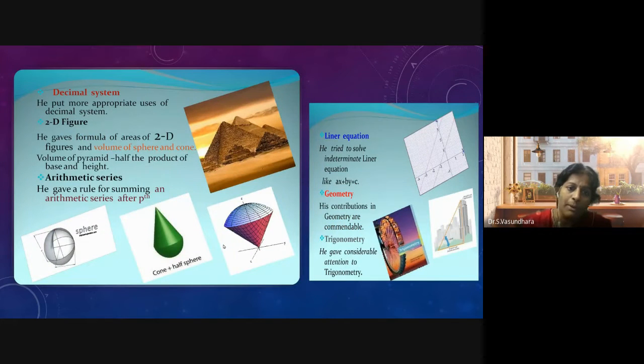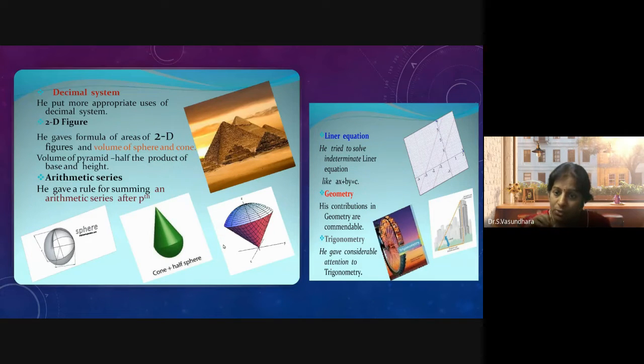He made more approximate uses of decimal systems in 2D figures. He gives the formula for areas of 2D figures and volumes of spheres and cones, the volume of a pyramid as half the product of base and height, and arithmetic series. He gave a rule for summing an arithmetic series.